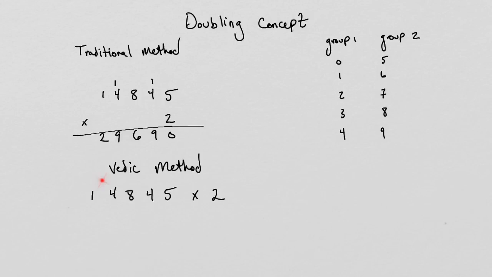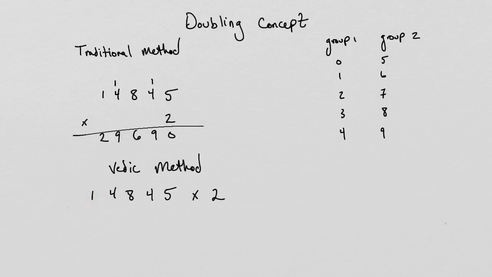The Vedic method, same problem times 2. This number here, 14,845 times 2. So we're going to start from the left and we're going to go right. The first thing we're going to do is 2 times 1.